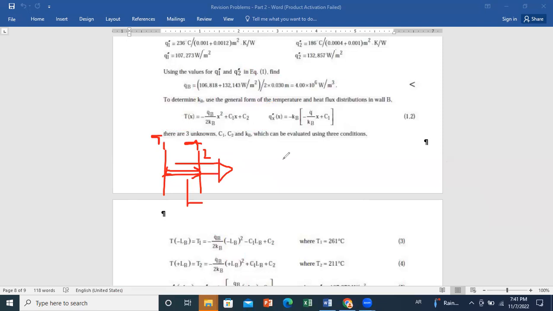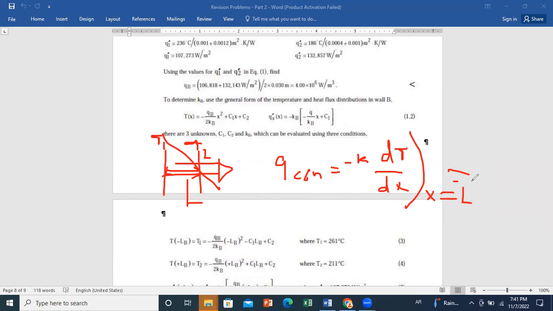So you can write that Q conduction here is equal to minus k dT/dx at x equal L. But because it is a linear profile of temperature variation, there is no need to take the derivative.